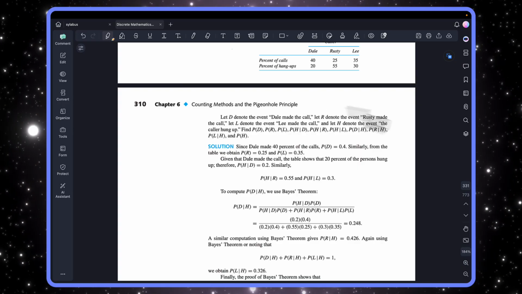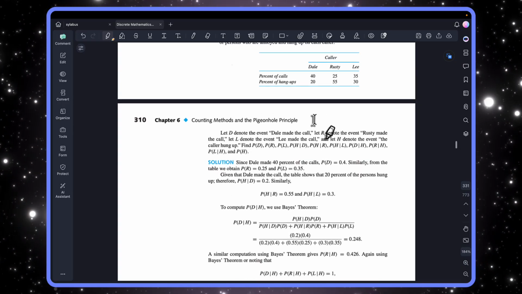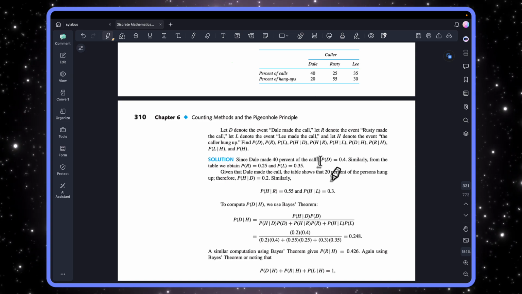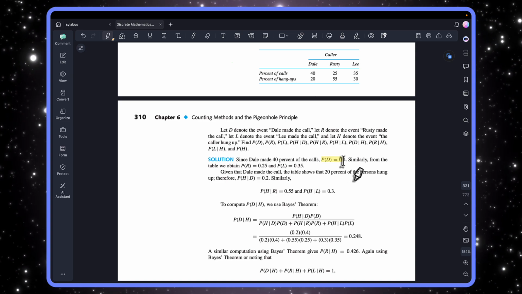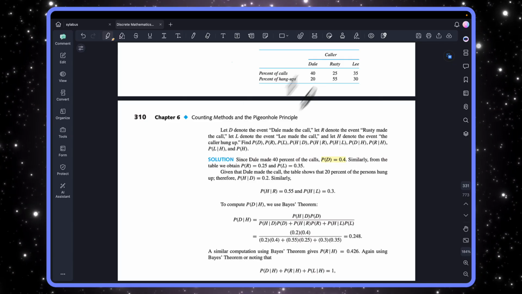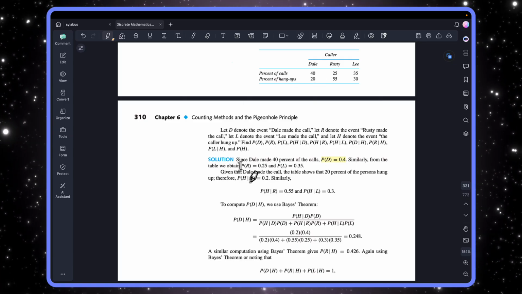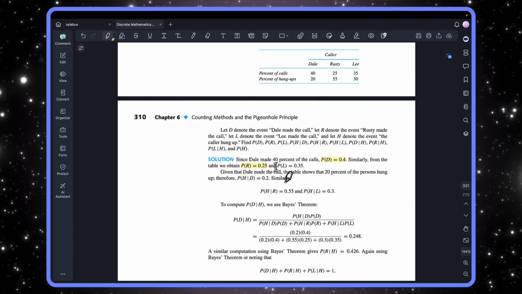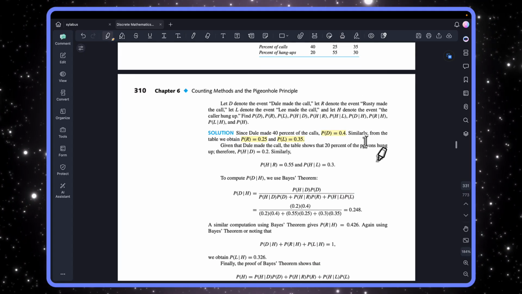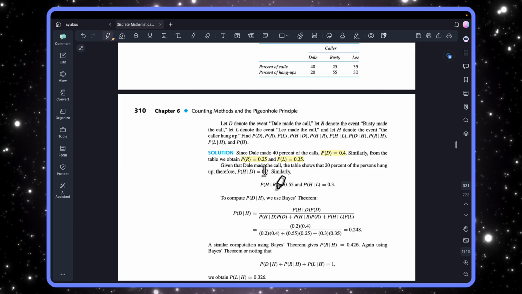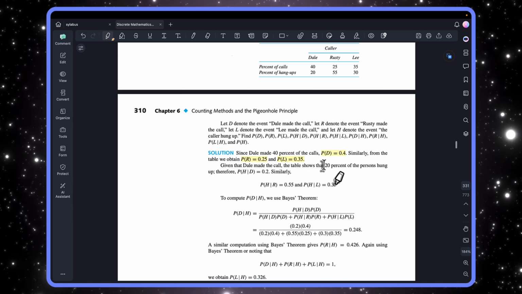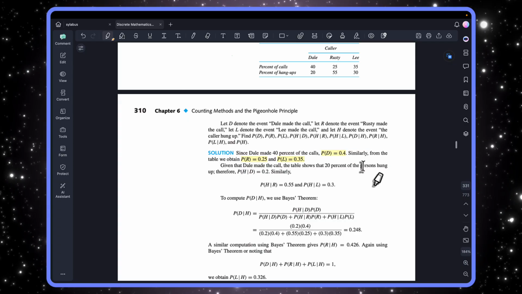So you use the different information. Dale made 40% of the calls, so the probability that Dale made the call is 0.4. Similarly, from the table, we can get the probability of R and the probability of L. That comes right from the table. Now, given that Dale made the call, the table shows that 20% of the persons hung up.